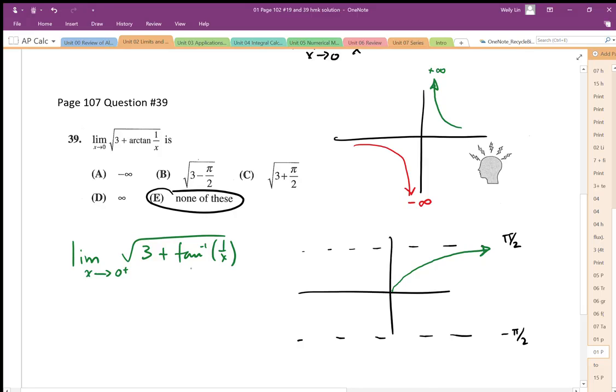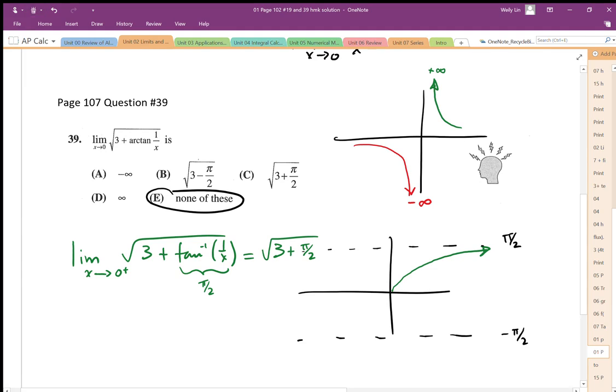So as long as we're doing a one-sided limit, 1 over x is approaching infinity, and the arctan, the angle, is approaching pi over 2. Then the limit becomes 3 plus pi over 2, and that's where answer C comes from. It's actually a one-sided limit answer.